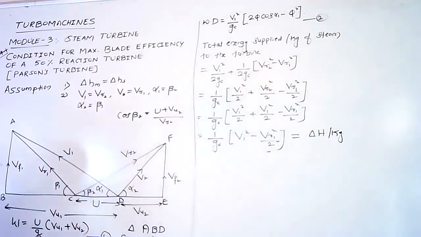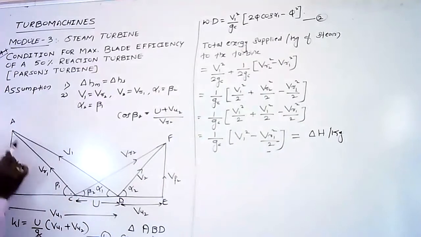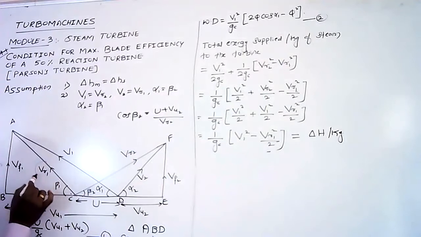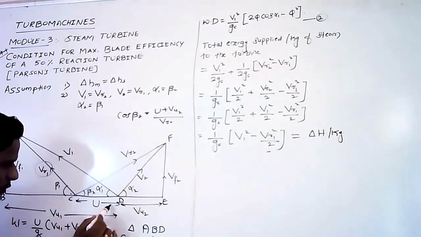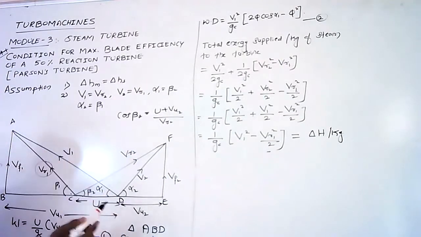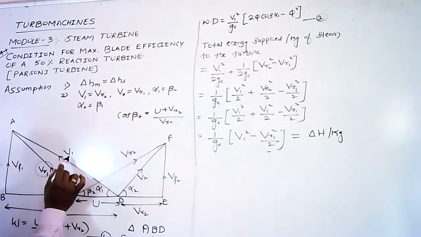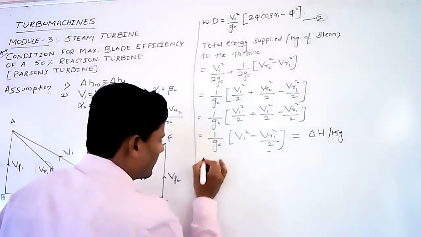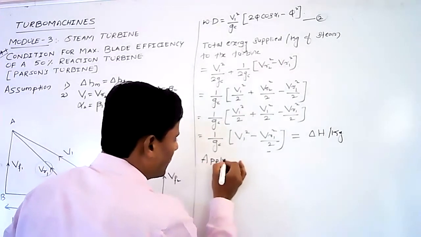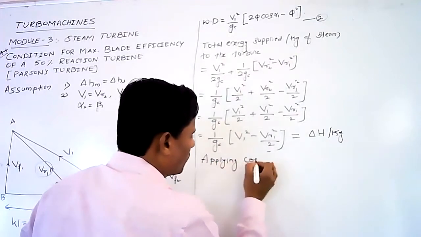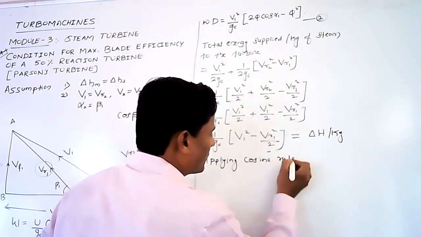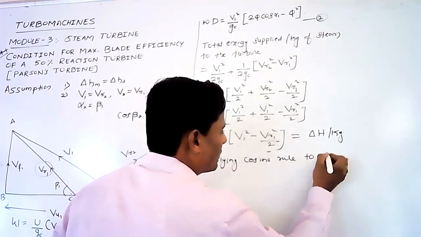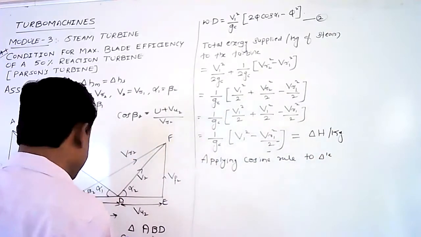By the triangle ACD, applying the cosine rule, VR1 square is equal to U square plus V1 square minus 2U V1 cos alpha 1. This is the cosine rule.